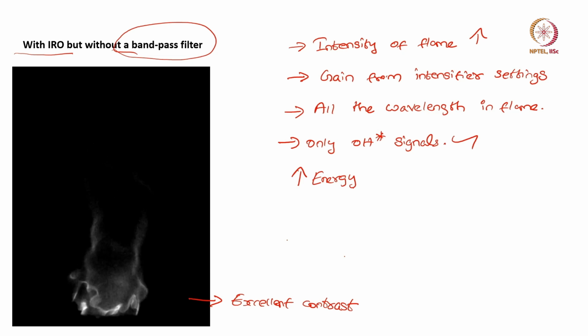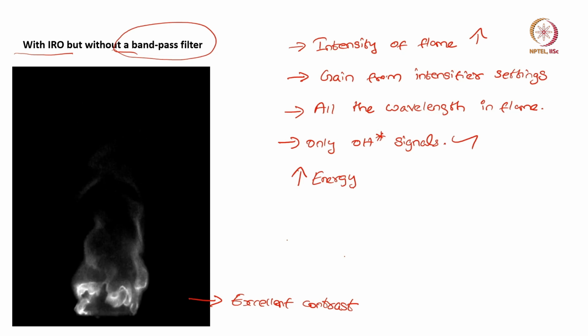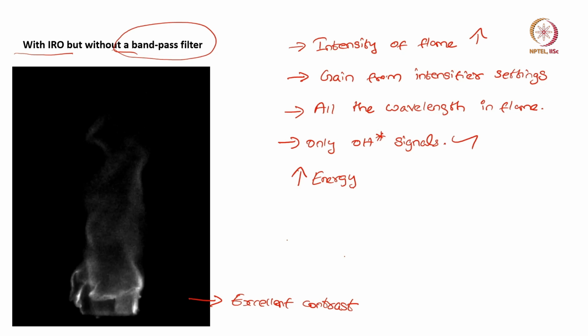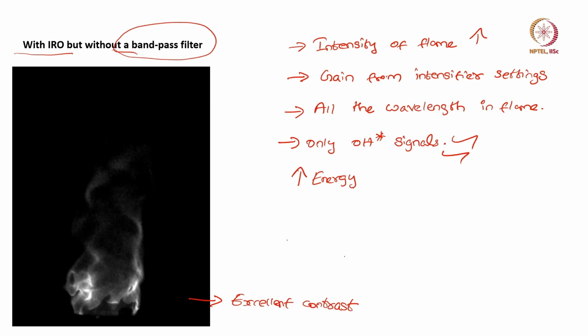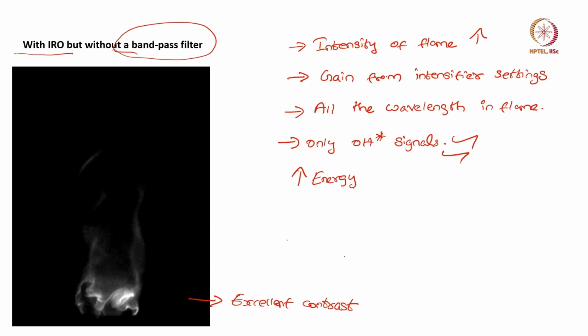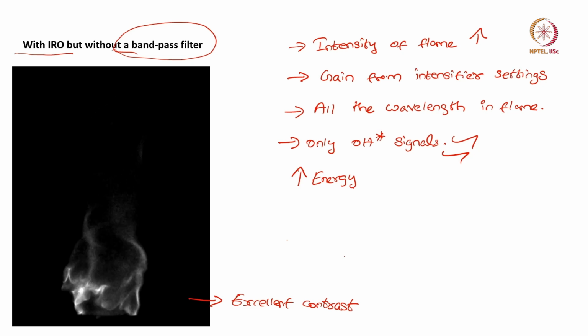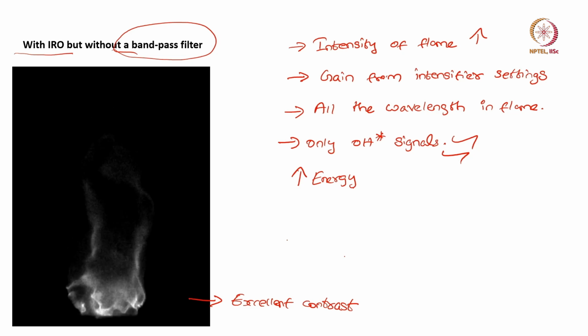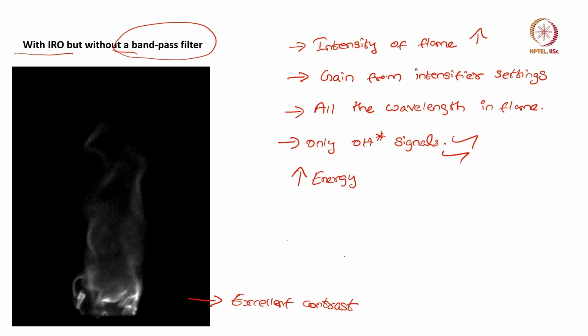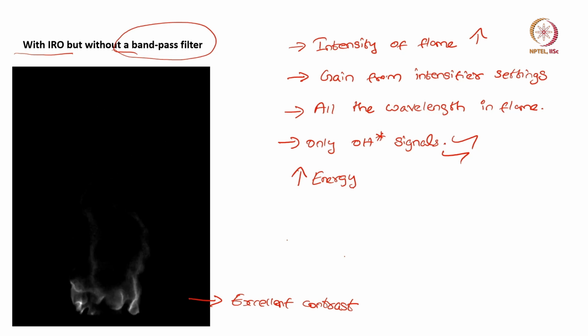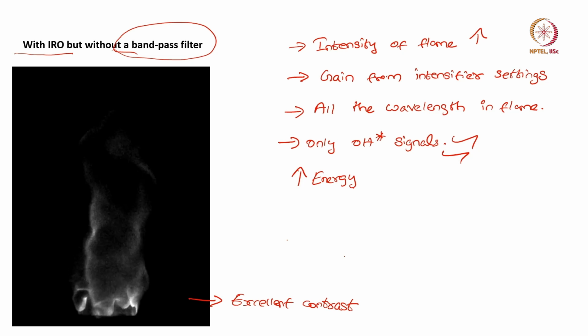This is why we focus on capturing the OH signals from the flame, and these signals are directly proportional to the local heat release rate of the flame. By isolating and analyzing these signals, we can gain valuable insights into the combustion processes, and we can also understand the dynamics of the flame.